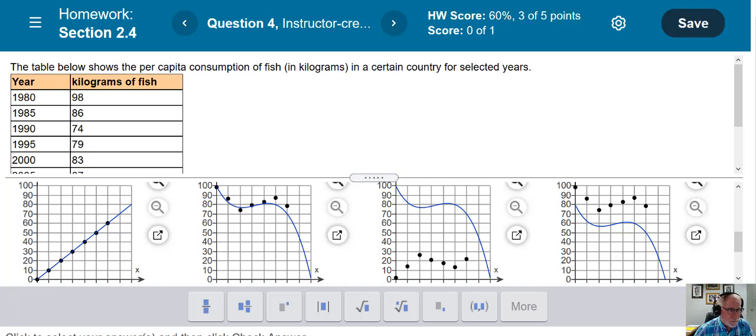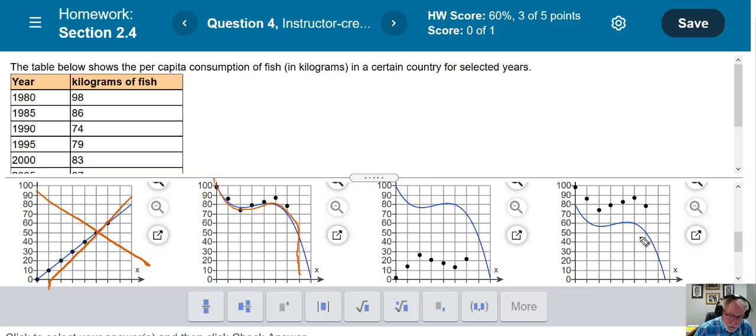Now unfortunately that only narrows it down to 3 choices. So it is not this. Down, up, down. So it's one of these other 3.